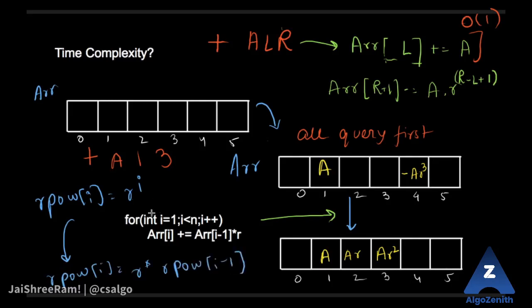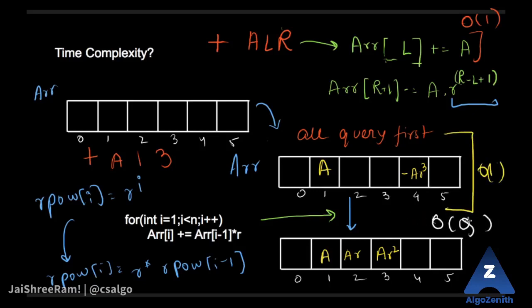So you can build this array using a loop initially before all the computations start, and then for each query you need to add these two values, and you can get this part in order 1. So every query contribution takes order 1, and there are q such queries. So this part in total will take order q, right? Order q times order 1.